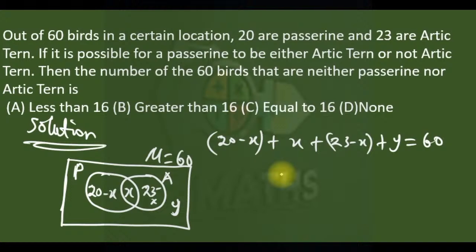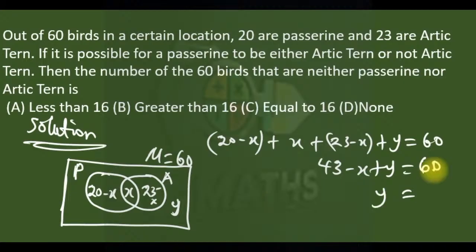Our main aim is to find Y, so let's solve for Y. Minus X plus X is 0. 43 minus X plus Y equals 60. So Y is now 60 minus 43, which is 17, plus X.